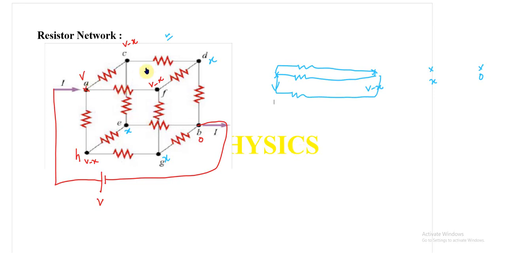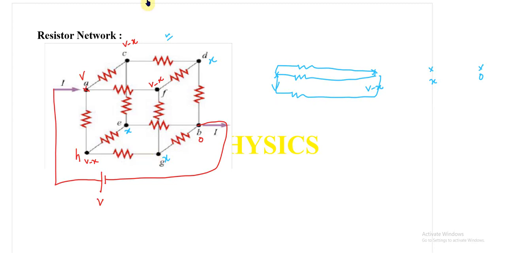Now let us go to the next one. Then there are resistors between V minus X and X. How many are there?